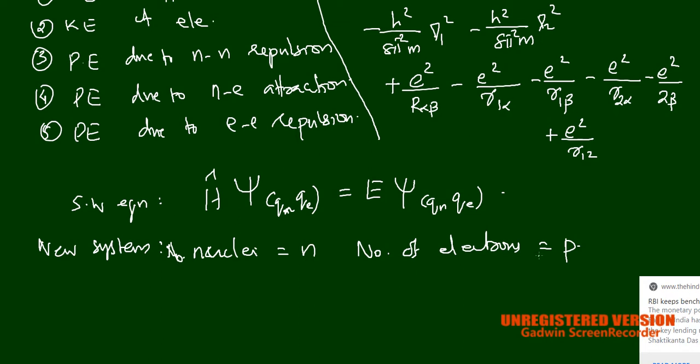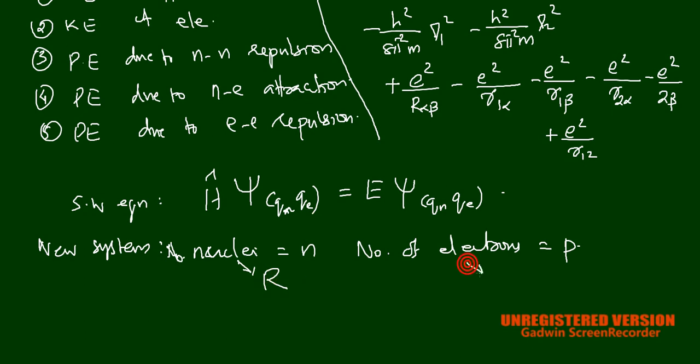In this case, we are defining the nuclear and electronic coordinates by the letters R and r. For example, the nuclear coordinates are denoted by capital R, and the electronic position coordinates are denoted by small letter r.